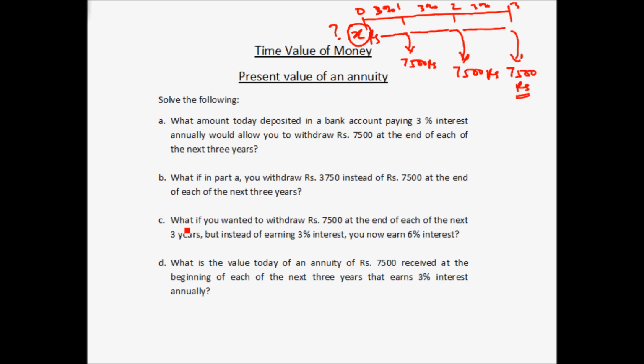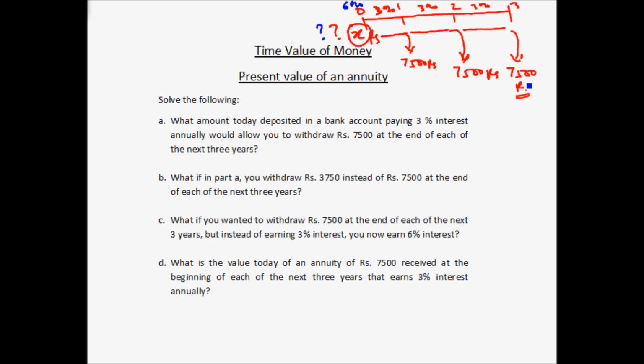Part C says, what if you wanted to withdraw rupees 7500 at the end of each of the next 3 years, but instead of earning 3% interest, you now earn 6% interest. So in that case, how much should this X rupees be?